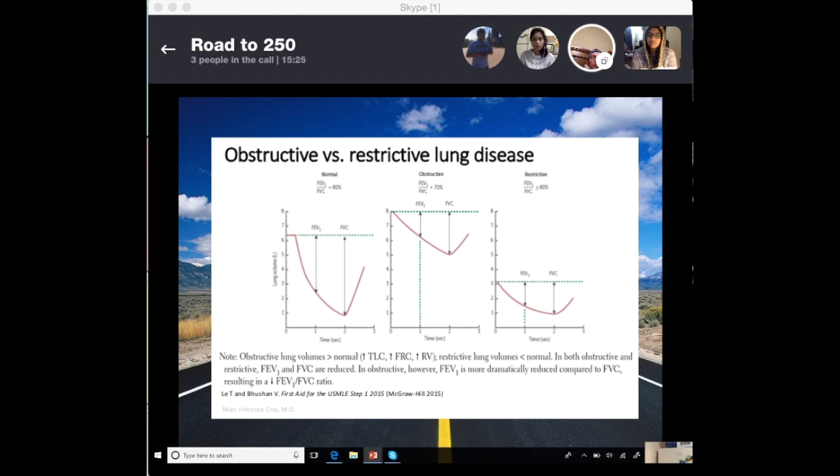We're decreasing both, except our FEV1 is decreasing much more than our FVC. That's why we're going to have a decrease in the ratio. Whereas in restrictive diseases, both of them are decreased, but it's more a unifying decrease. Both of them are decreasing by the same amount. So you might have an elevated or normal FEV1 to FVC ratio.